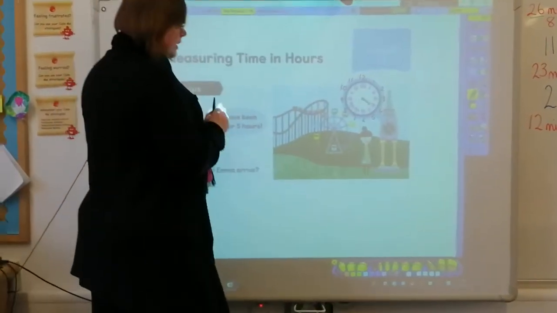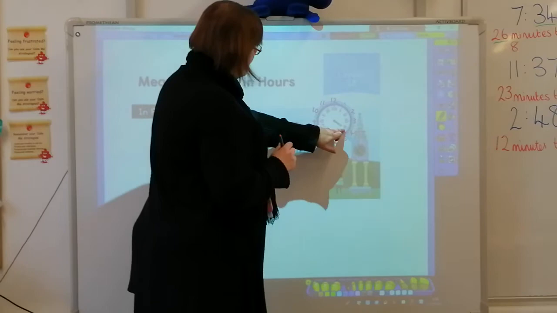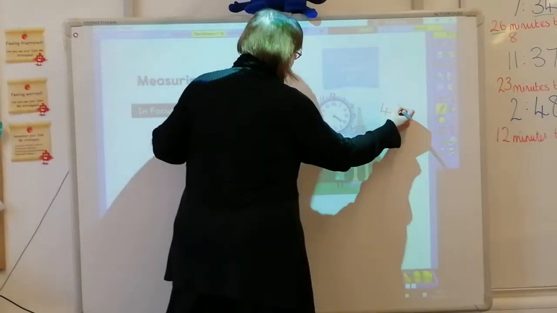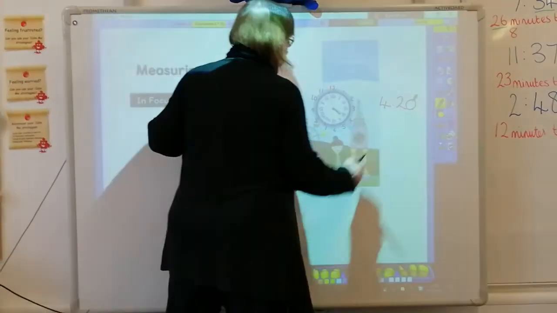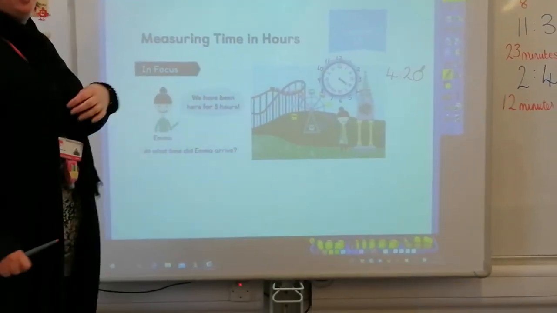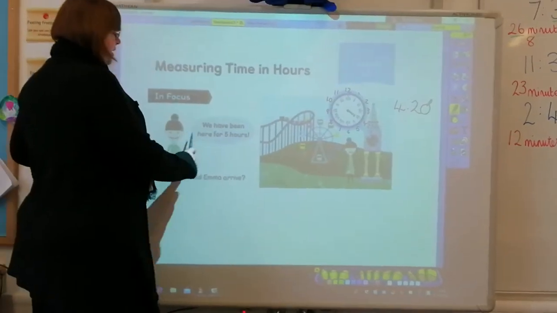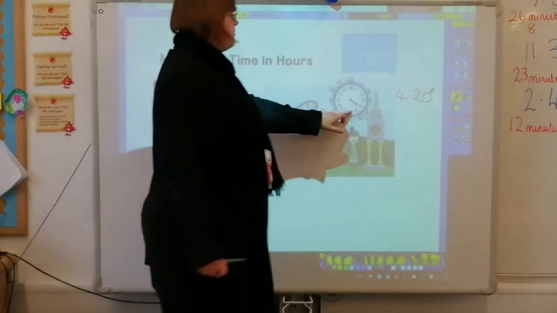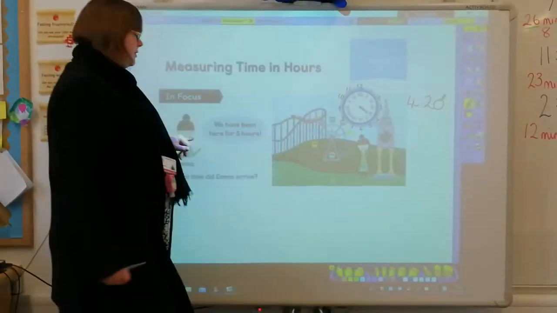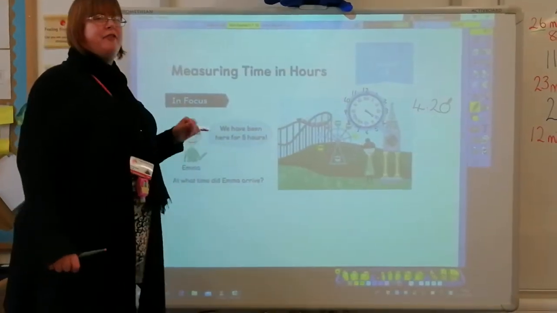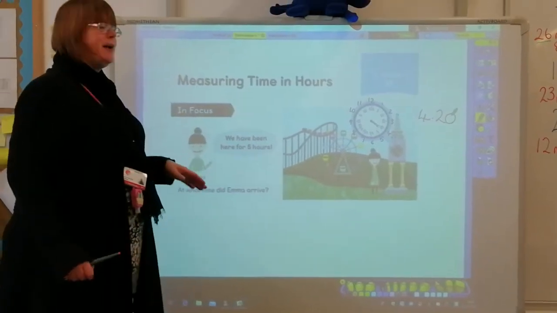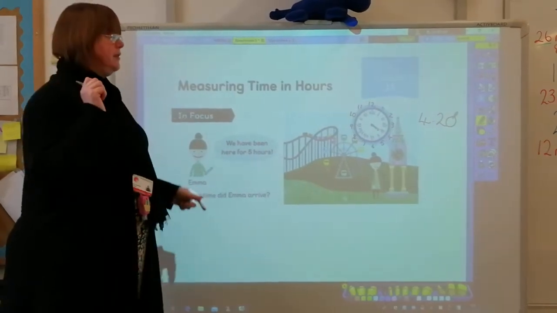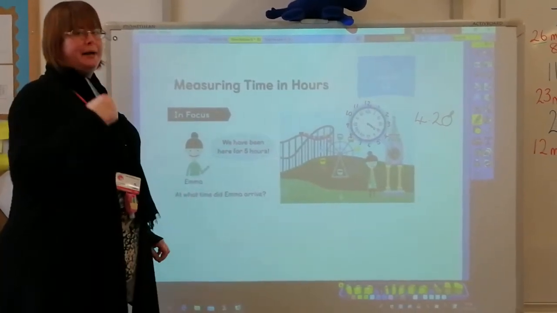So we can say that her time here is 4:20. I'm assuming it's PM because 4:20 in the morning I'd hope she was asleep. She's telling us that she's been there for 5 hours. If this is the time that she left, what time did she get there if she's been there for 5 hours? See if you can work it out by counting the hours backwards. Pause the video, see if you can work it out and then come back.